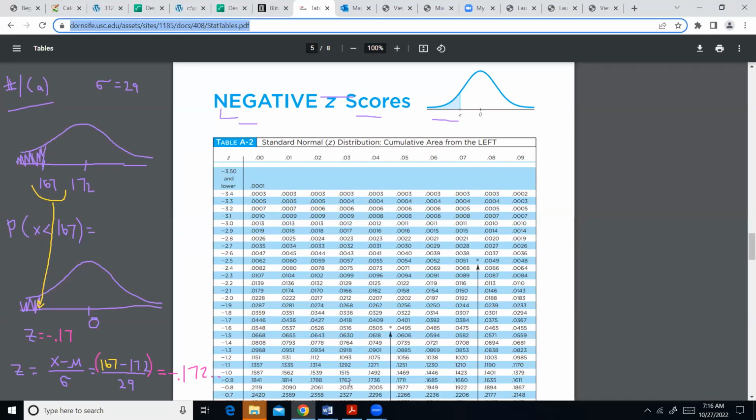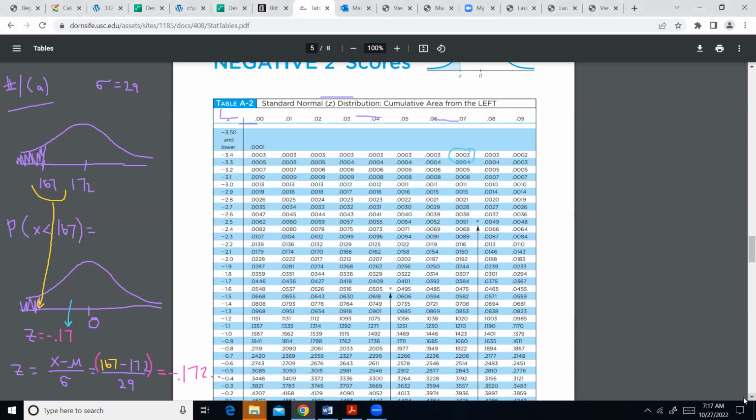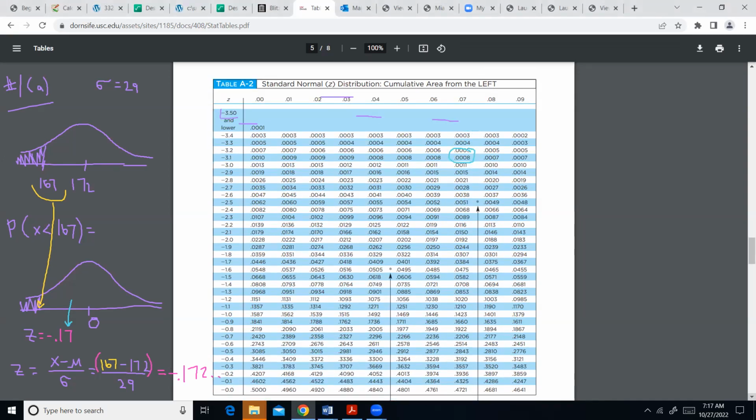So we need to have the place of those hundredths, and this is going to be 0.07, and also negative 0.1. And I need to scroll this down a little bit, right? I don't see 0.1. So now I see. Okay, so let us do this column.